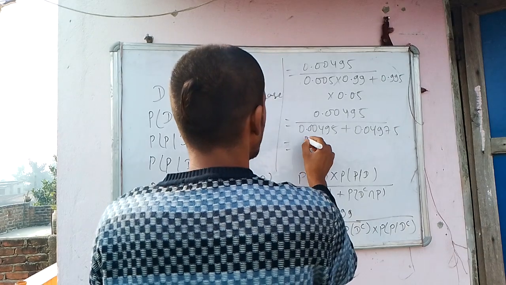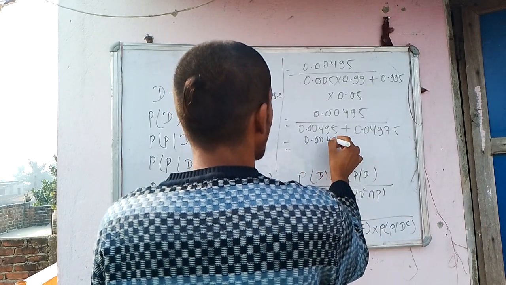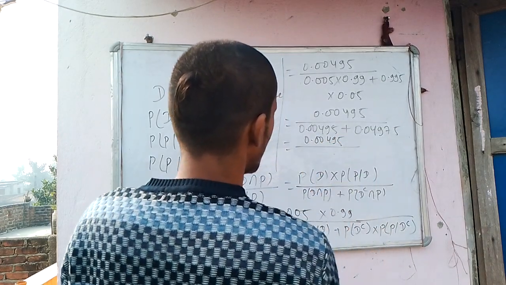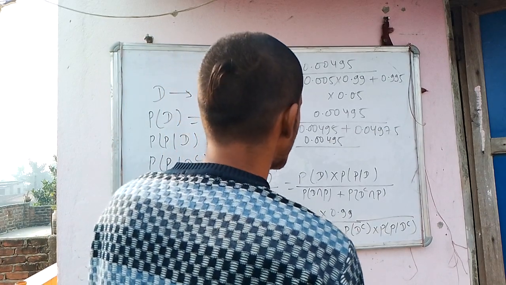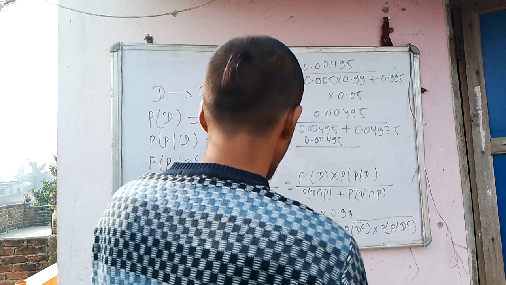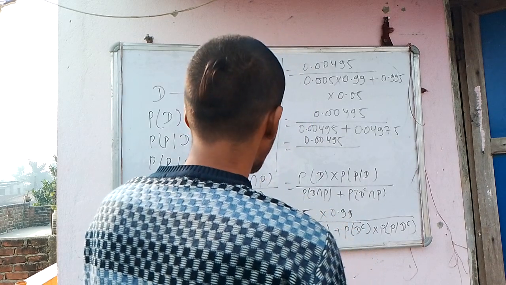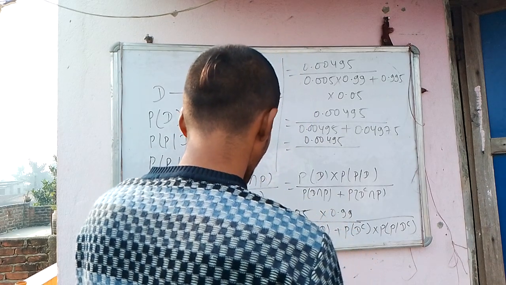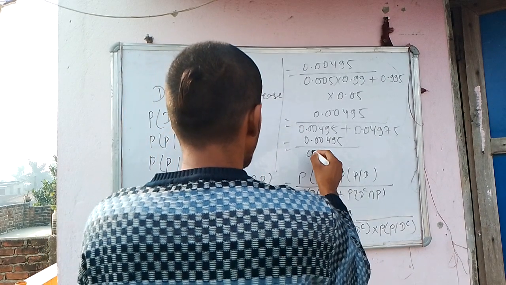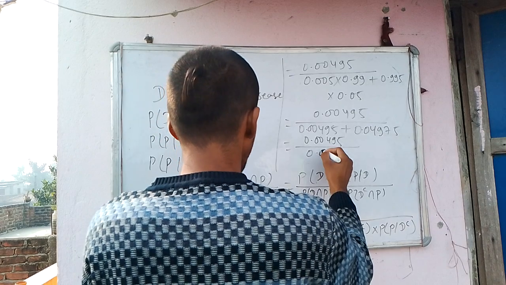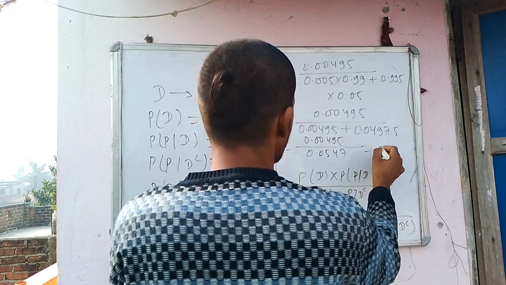So this will be 0.00495 divided by, if you do the addition, 0.00495 plus 0.04975, which is going to be 0.0547.